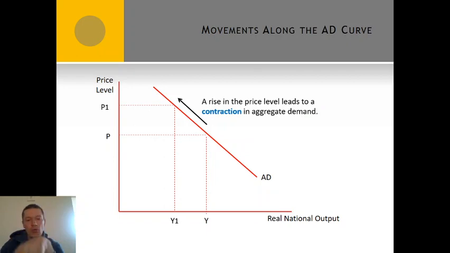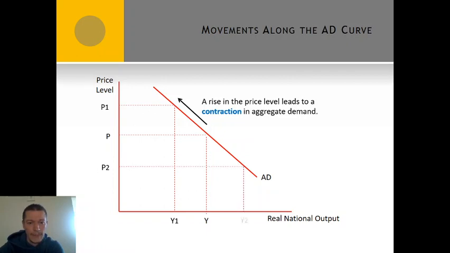So if our normal equilibrium, if the normal price level in the economy is P, and the real national output at that point is Y. If we have a rise in the average price level, so if we have serious amounts of inflation, we'll move from P to P1. We call this a contraction in aggregate demand, and as you can see, that moves us from Y to Y1, a shrinkage in real national output.